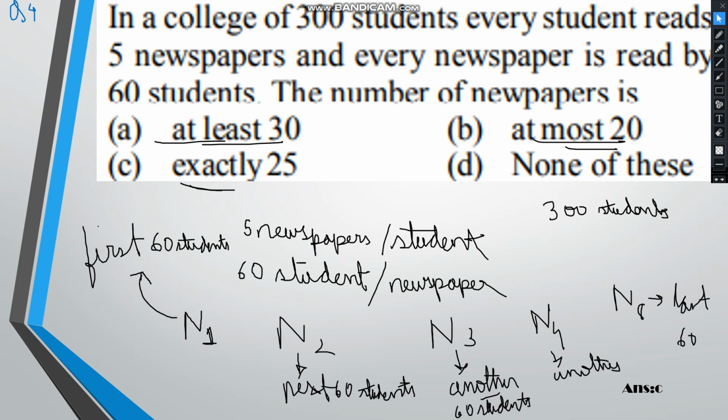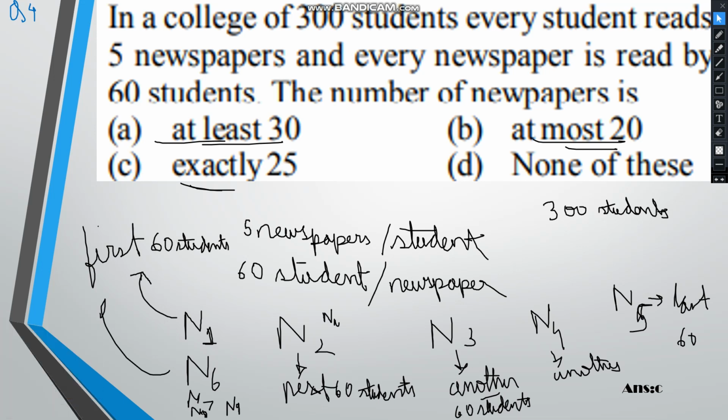So there are 5 newspapers if all 300 students read one newspaper each. Now another set, N6, N7, N8, N9 will be here, as every student reads 5 newspapers. These are the 5 newspapers the first 60 students read.